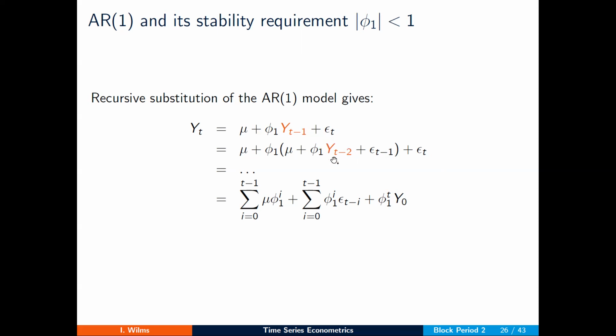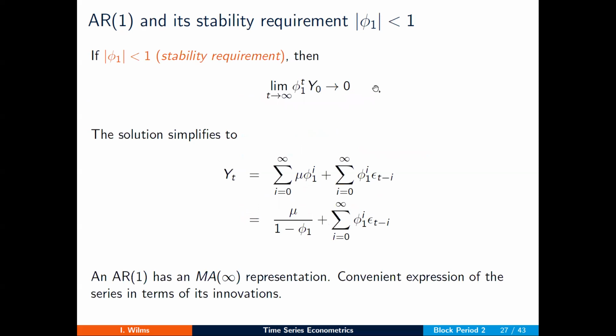Now, by recursively doing this, so again, by plugging in the model equation for y_{t-2} and so on, we obtain this expression where we have a sum of constant terms, a sum with all of the lagged error terms, and we have our initial condition denoted as y_0 popping up, since we need to initialize our process somewhere.